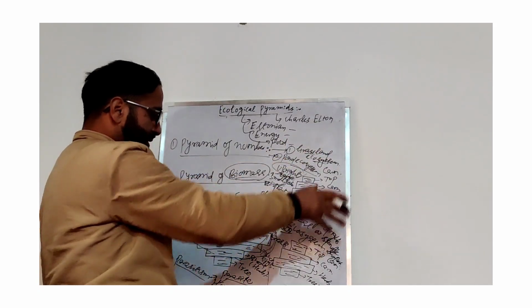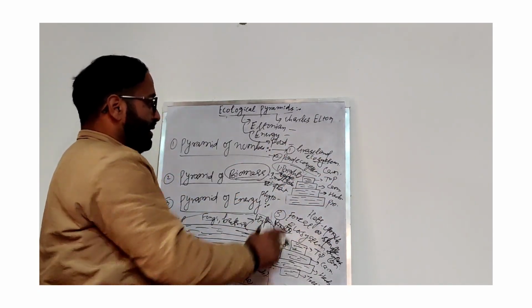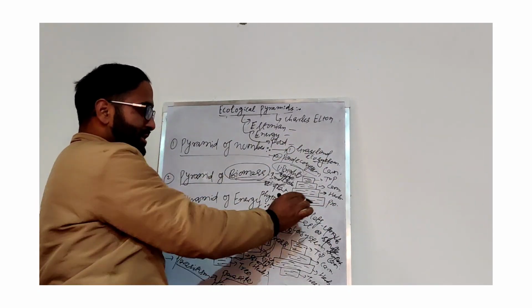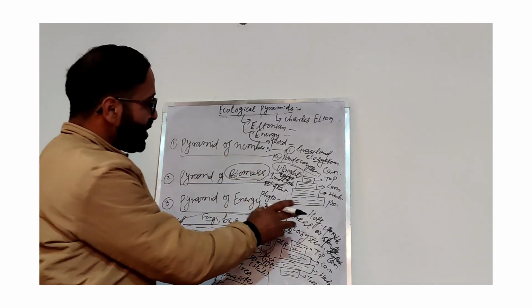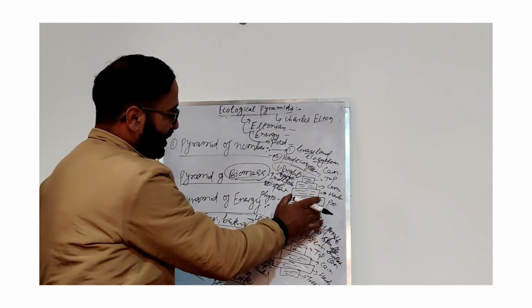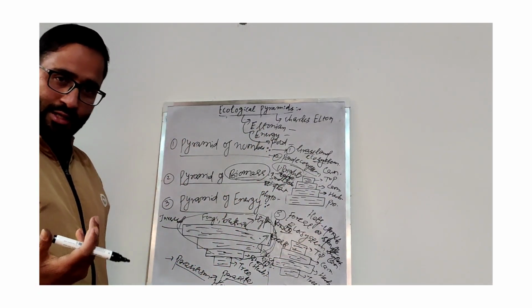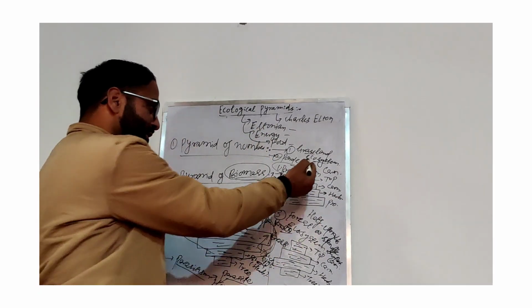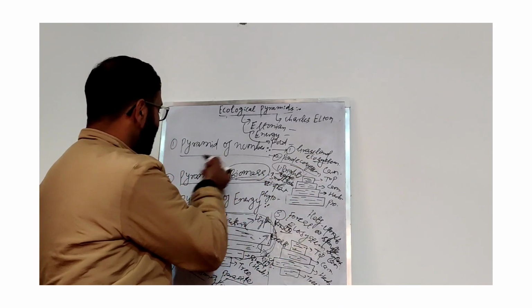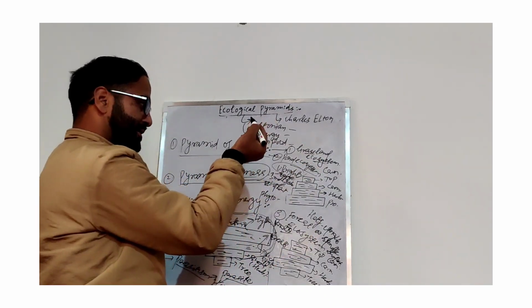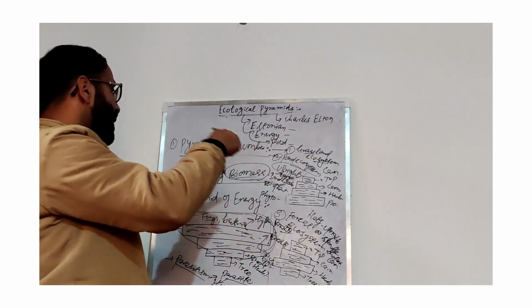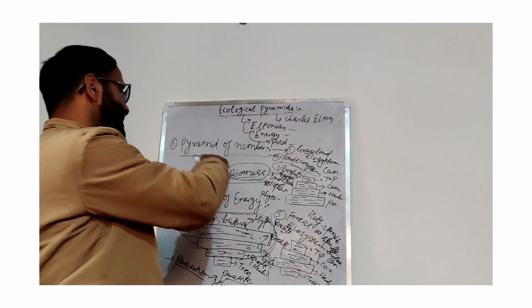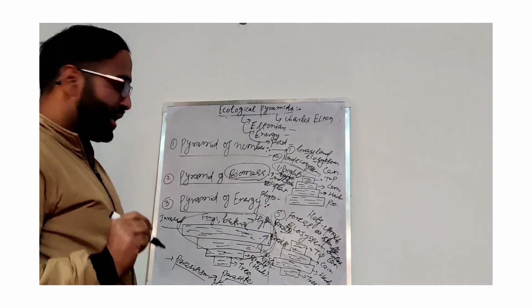We will take up these ecosystems. In case of a grassland ecosystem, the producers have the maximum biomass, and as we move up, the biomass keeps on decreasing. So in a grassland ecosystem, the pyramid of biomass is upright. Both the pyramid of numbers as well as the pyramid of biomass are upright.